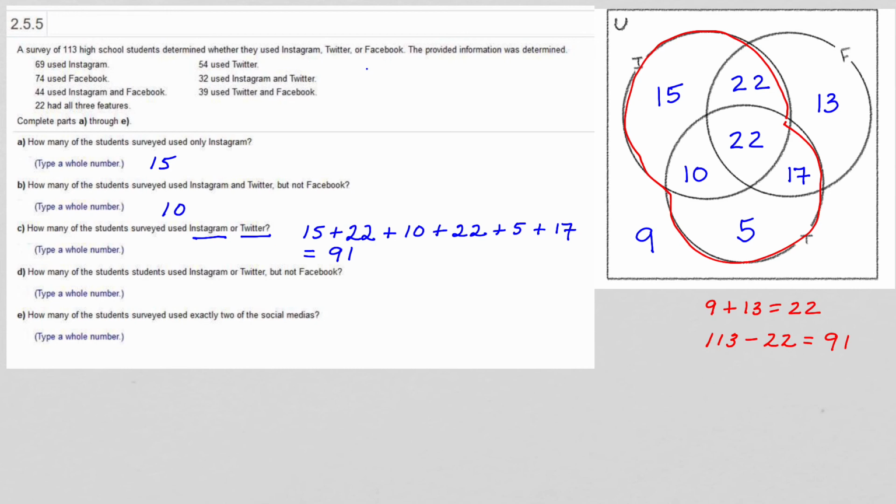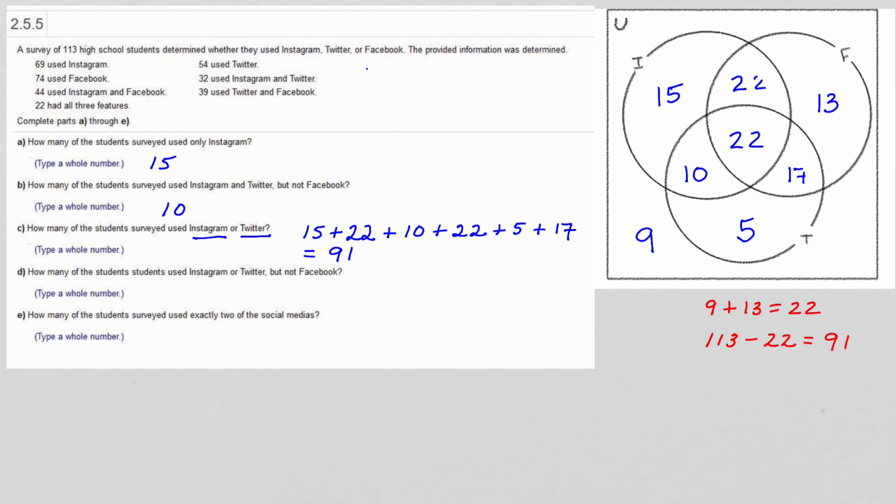All right. In D, it says how many of the students used Instagram or Twitter but not Facebook. Let's see if I can erase that circle or shape, whatever it is. Okay.